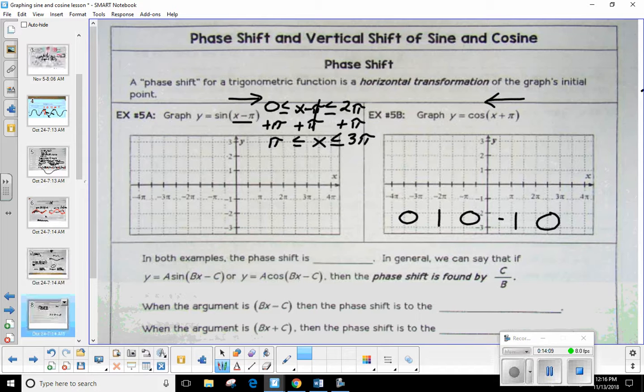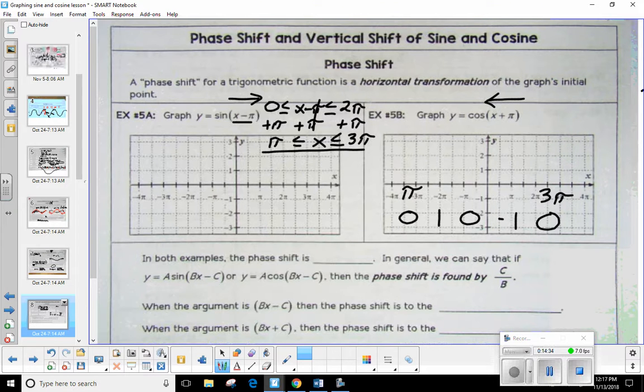Okay, so how do I compare the x's I just got to these y values? How do I sync them up? Okay, so the lower boundary pi, we're going to put with the very first critical value, so pi, 0. And Brandon says 3 pi, put it at the very end.